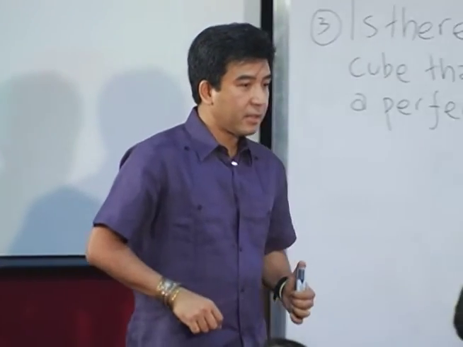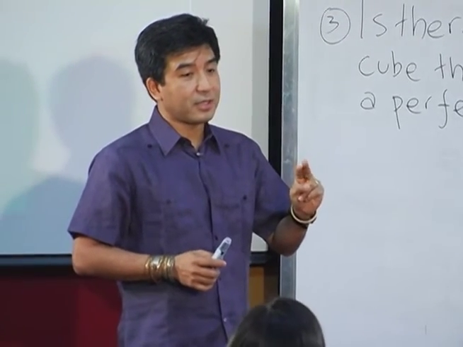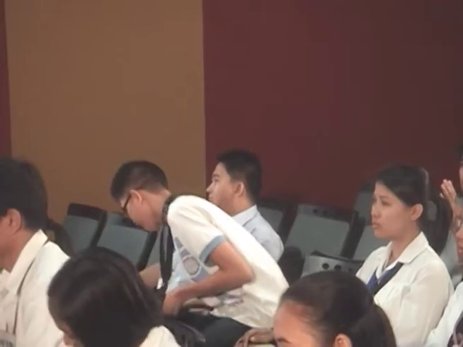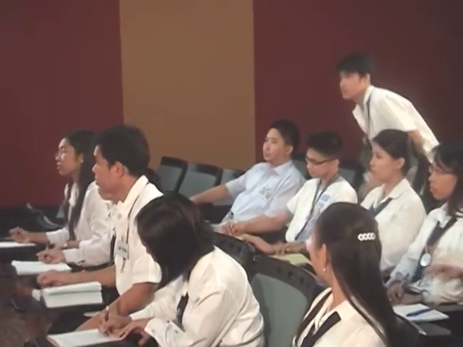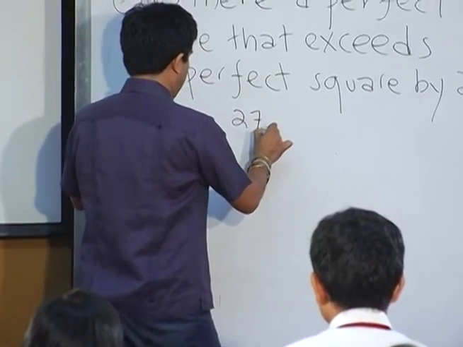Yes, Joseph? 2 cubed is equal to 8, and the square of 4 is equal to 16. Yes. Okay. But when we say exceeds by, we are looking at the difference. Yes, Edu. So, perfect cube is 27 and the perfect square is 25. Yes, 27 and 25.